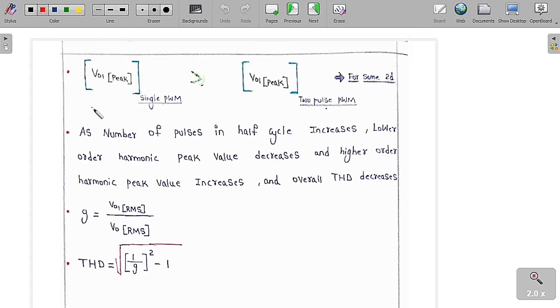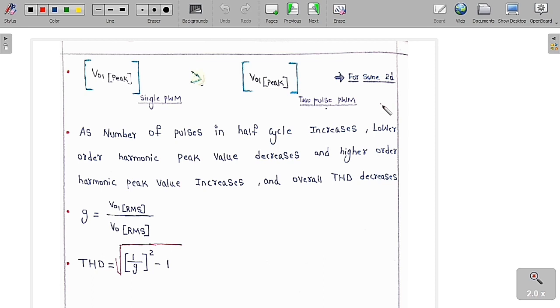From the single pulse width and the 2 pulse width waveforms, we can see that the peak value of the fundamental output voltage of single pulse width modulation is always greater than that of the 2 pulse width modulation, for the same 2d, the same overall pulse width.